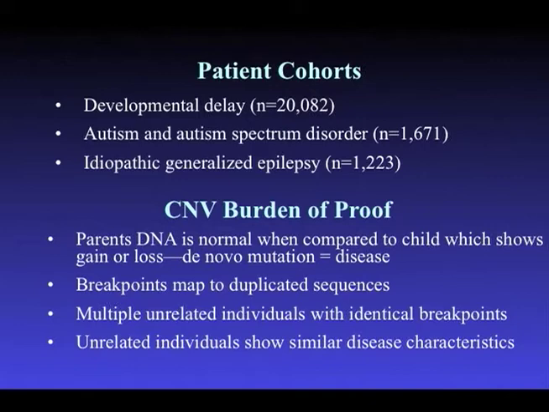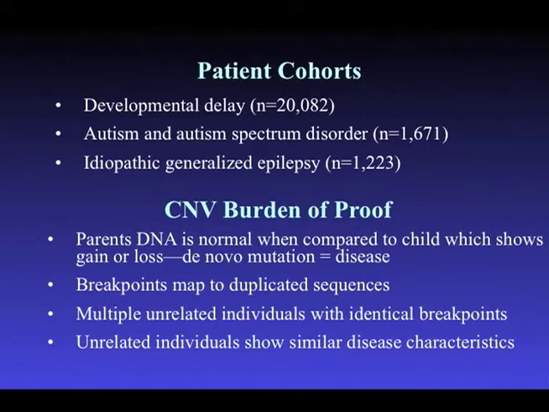So to be absolutely clear what we set out to find, we set out to look for individuals with disease where parents were normal, and we would look to find evidence of deletions or duplications of a hotspot region flanked by duplicated sequence where the child had it and neither of the parents had it. And hopefully, if these occurred frequently enough, we would see evidence of this event occurring more than once.